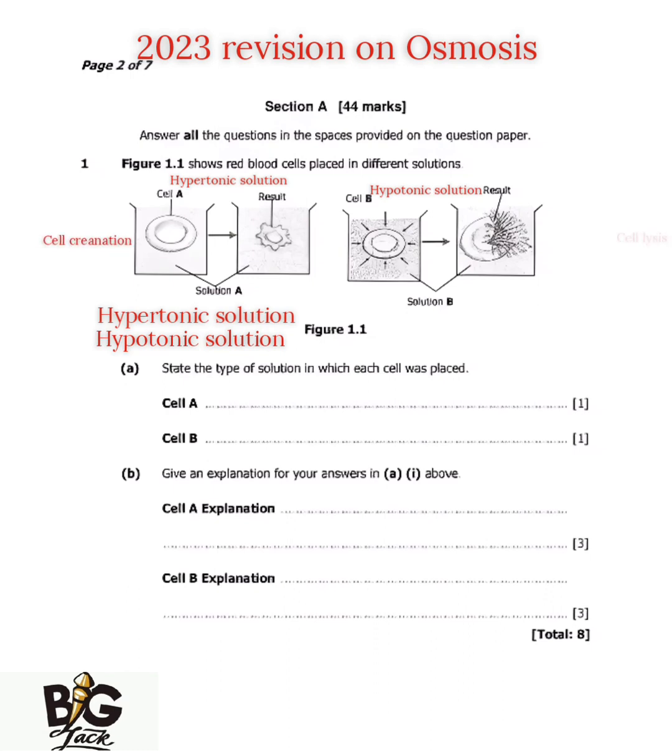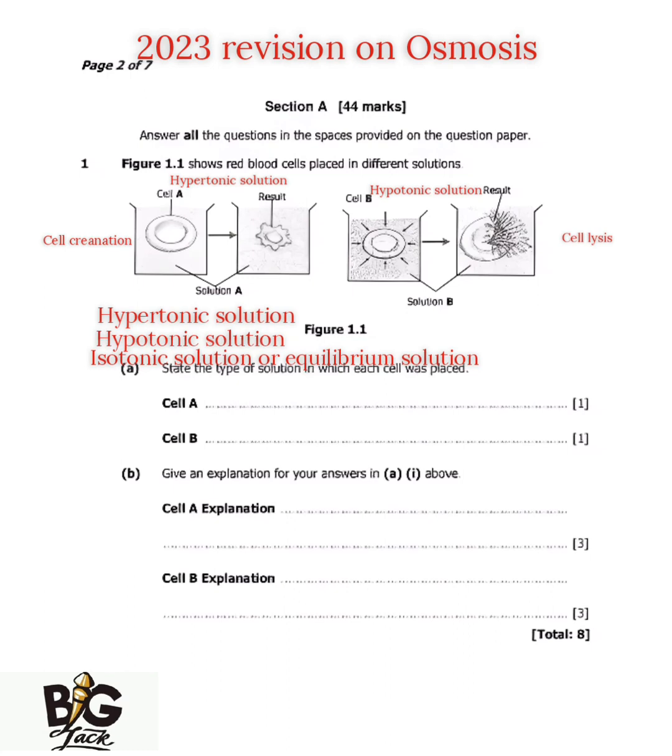As for cell B, it undergoes cell lysis. Lastly, we have the isotonic solution, also known as the equilibrium solution. An isotonic solution is a solution whose concentration is equal to that of the solution inside a living cell. Now let's try to answer the questions.